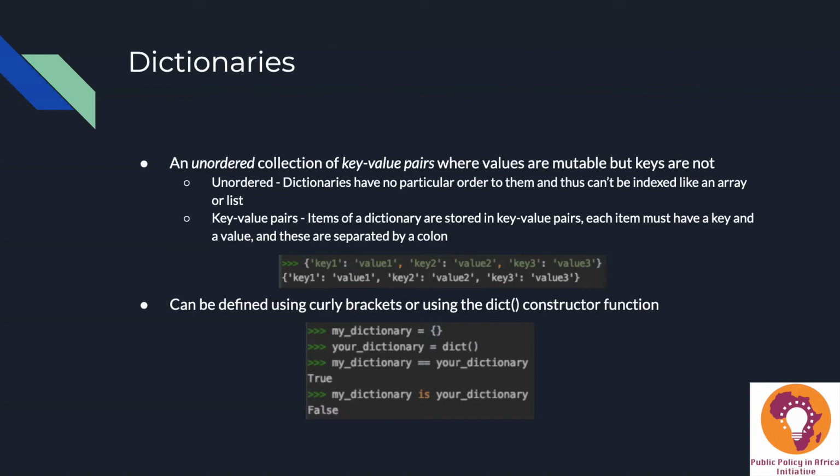So a dictionary is an unordered collection of key value pairs where values are mutable but keys are not. For unordered, dictionaries have no particular order to them and thus can't be indexed like an array or list. So you can't index it, but it just so happens that whenever you create a dictionary, the order is somewhat maintained in the back end.